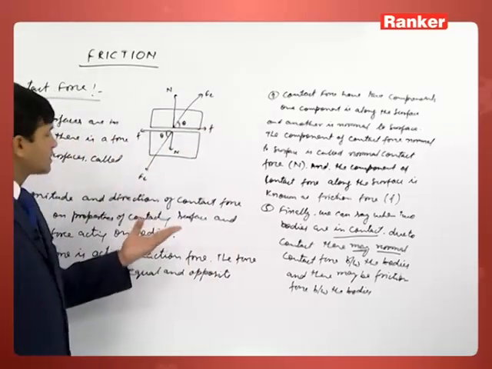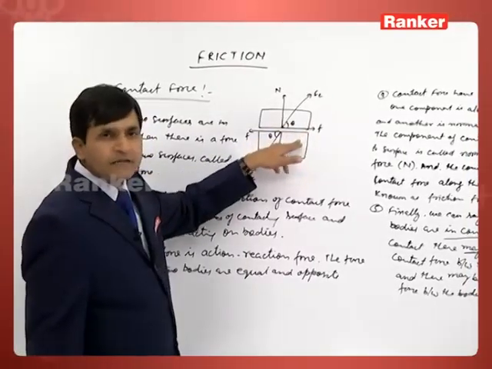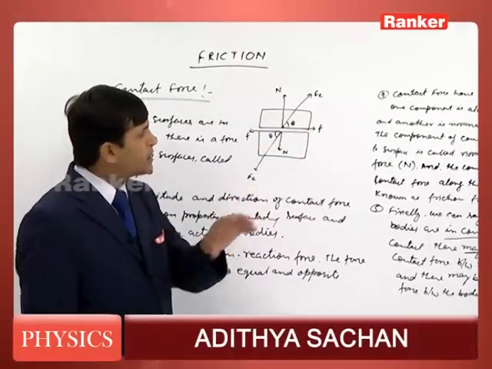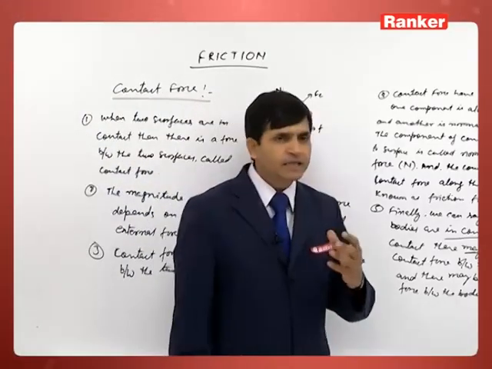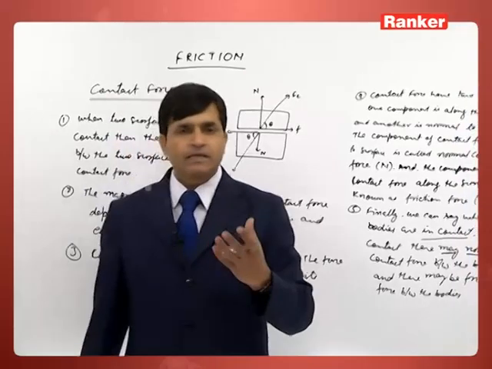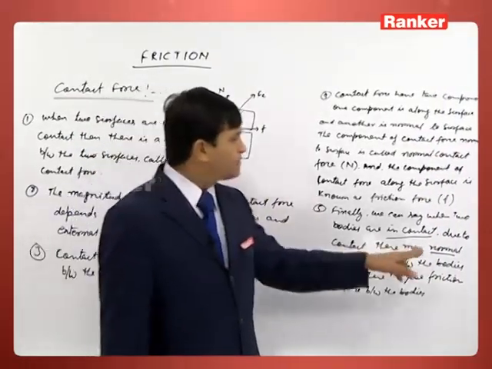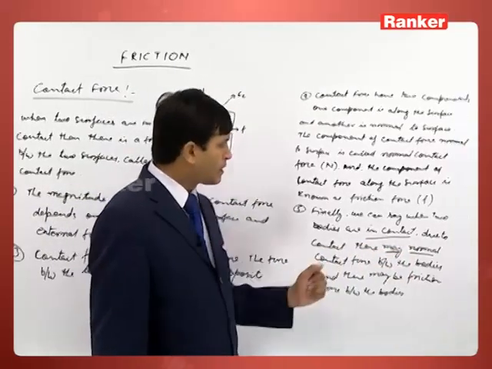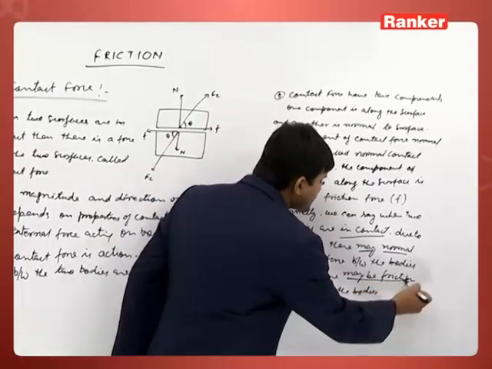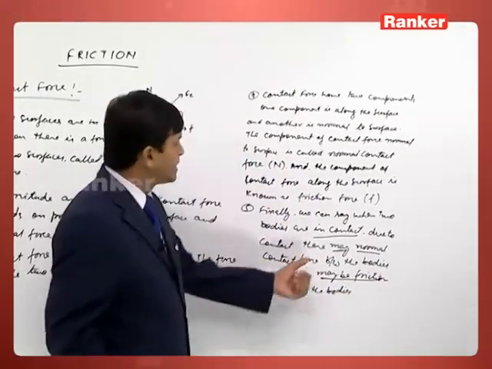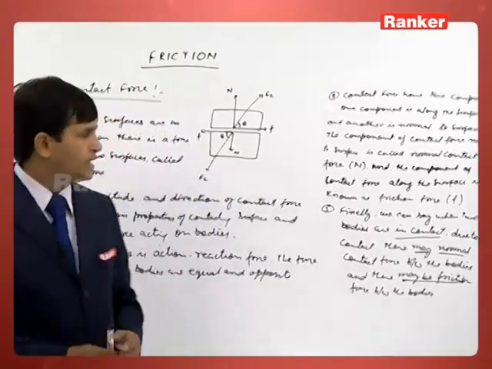As I told you, contact force depends on the nature of the two contacting surfaces as well as on the external forces. So until those forces and the nature of the contacting surfaces are defined, we cannot say there will always be normal force or friction force. The friction force may be there, and the normal force may be there, depending on the other conditions.